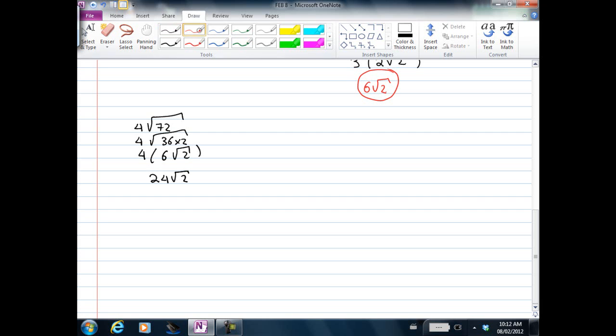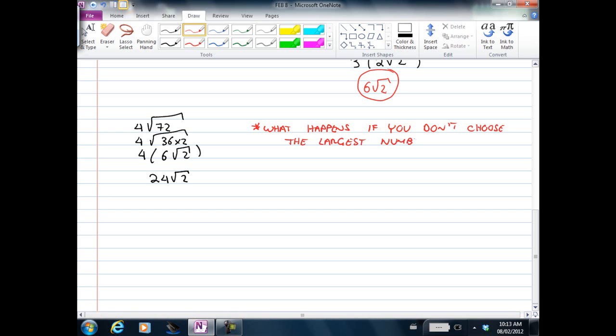Now, the question is, what happens if you do not choose the largest number? If you don't choose the largest number, what happens? I'm going to show you an example.